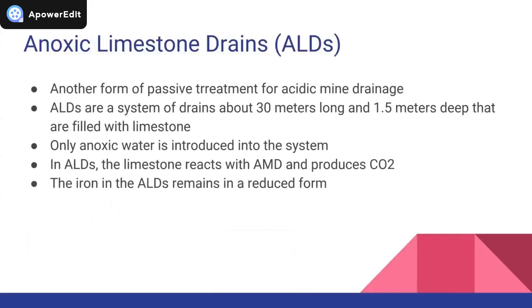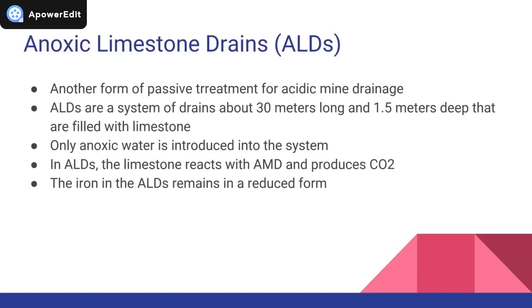Next, another form of passive treatment is anoxic limestone drains. ALDs are a system of drains about 30 meters long and 1.5 meters underground that are filled with limestone. In these systems, only anoxic water is introduced, and this is important because it prevents air and water from going through the system, which means that only the harmful substances that cause AMD are in the system.